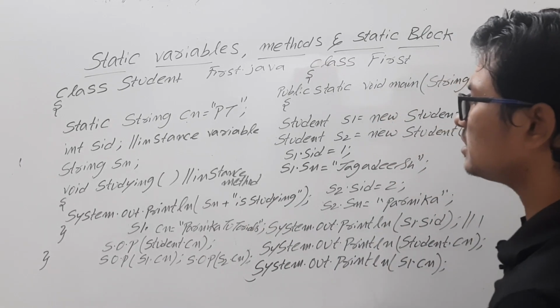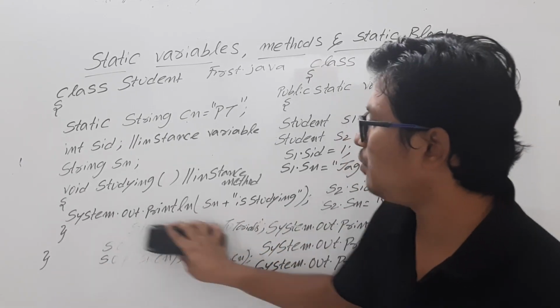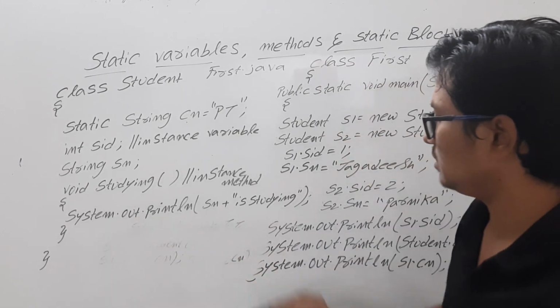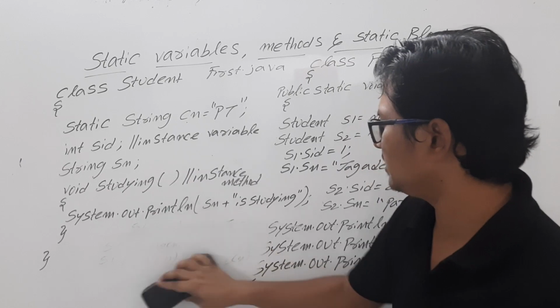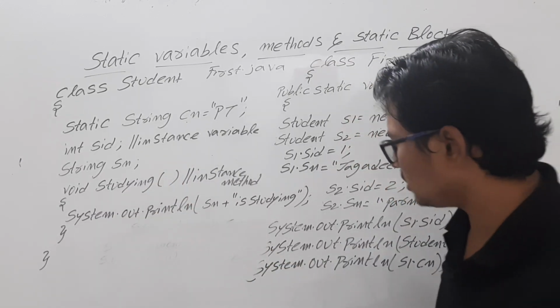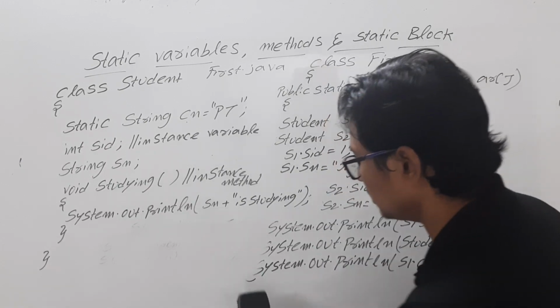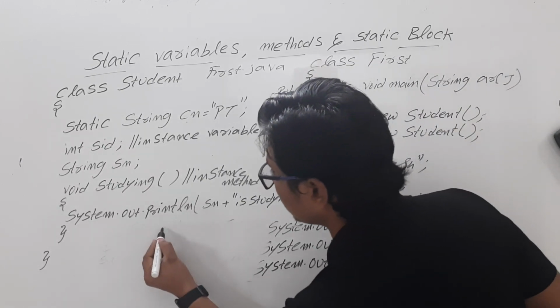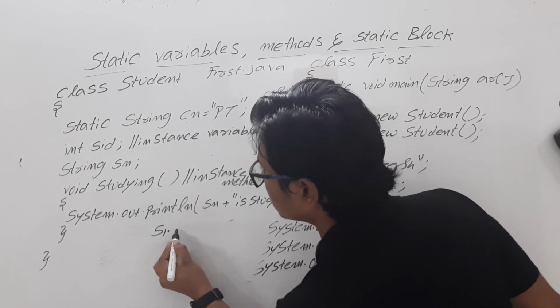Now let me discuss how you can have a static method and how you can access it. Instead of this, take the instance method. You know how you can access the instance method with the help of objects. You can simply write s1.studying.